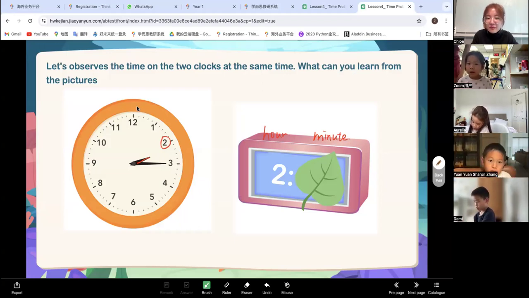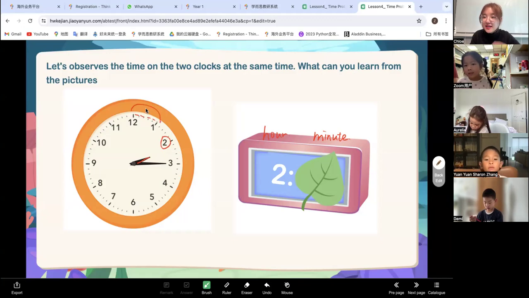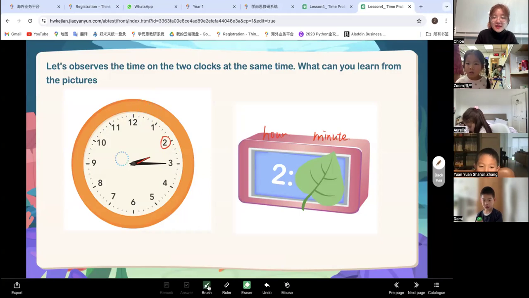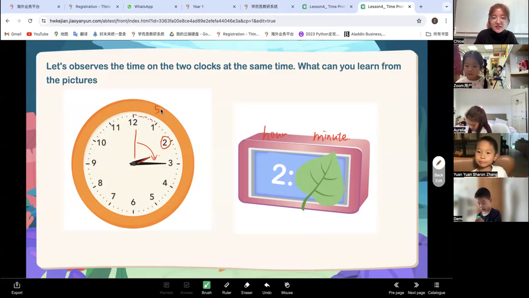Okay, tell me, everyone. For the minute, should we count the smaller sections or the larger sections? Tell me, larger or smaller for minute? Smaller, very well done. Because when the minute hand is traveling from 12 to 3, we can count the smaller sections. That's 5, that's 10, and that's 15.